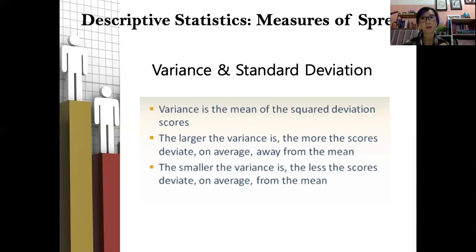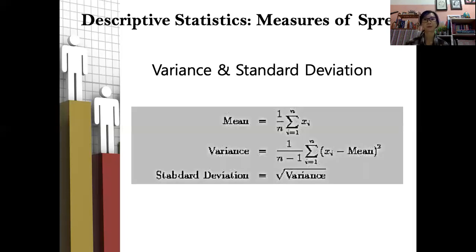Formulanya atau rumusnya akan berbeda jika kalian mengerjakan data yang diperoleh dari populasi atau data yang diperoleh dari sampel. So here you have the formula, ada rumusnya.